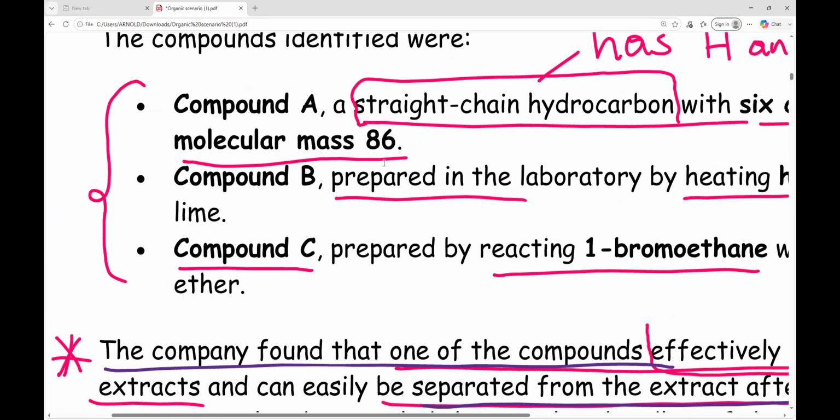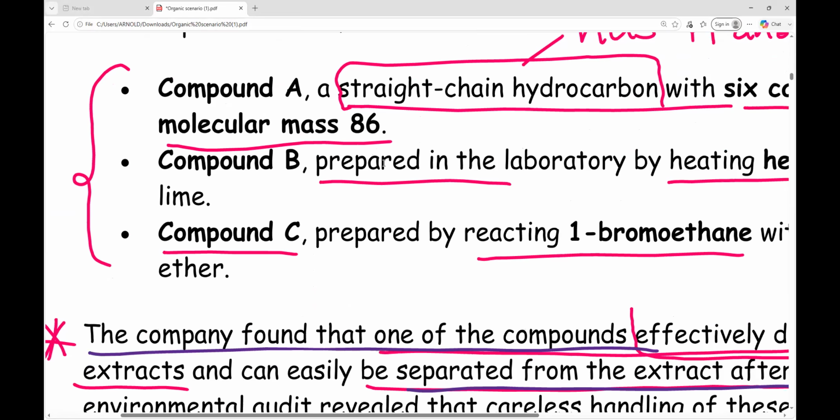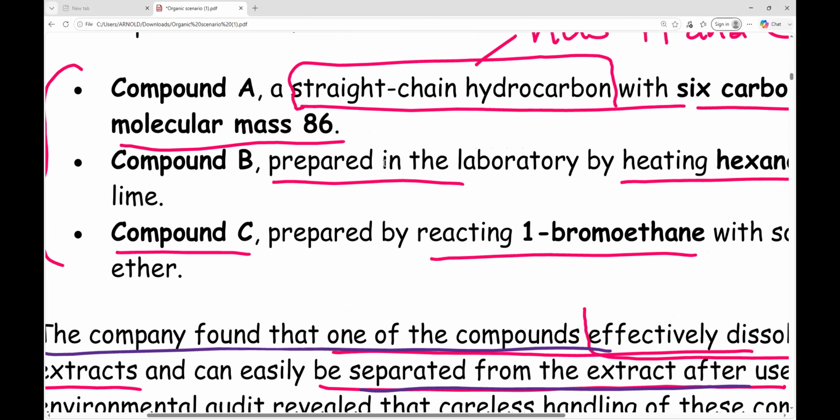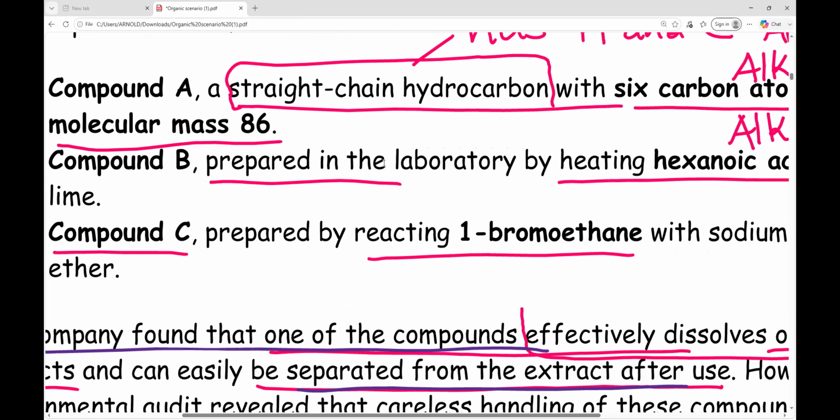Compound A, straight chain hydrocarbon with 6 carbon atoms. So for it, we can work around with the molecular mass that has been provided. Hope you've noted it very well, and we formulate it.